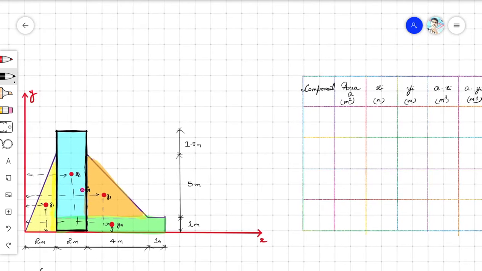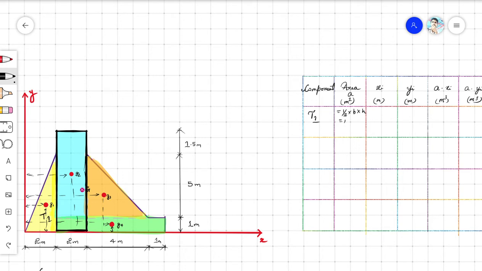So for the first component, let us take that triangle one. I'll just call it T1. Over here I'll write T1. For triangle one, the area is half into base into height.